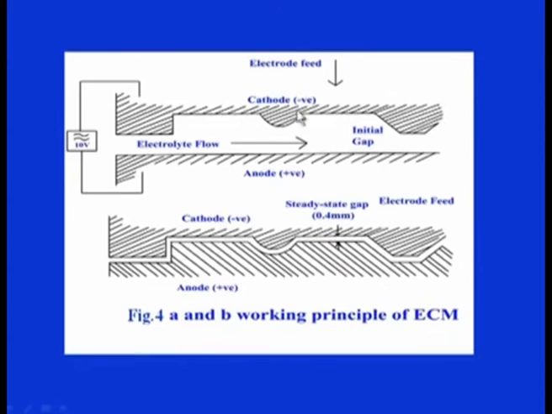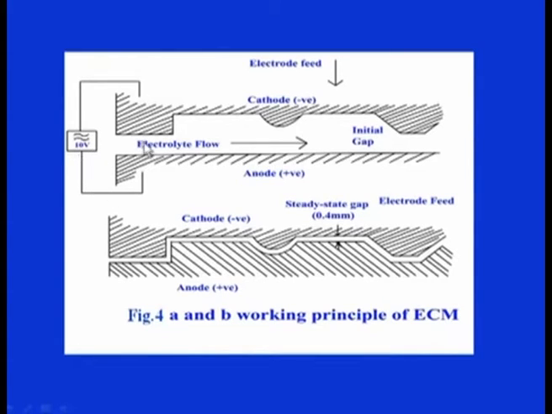This is the cathode or the tool, which is connected to the negative of this power supply, something around 10 volt, and this is the anode, which is connected to the positive end of this power source.